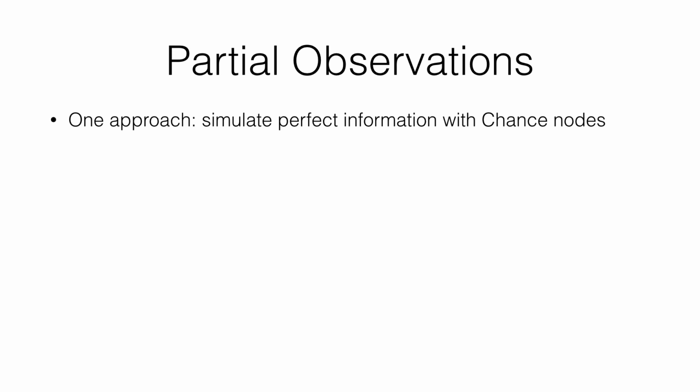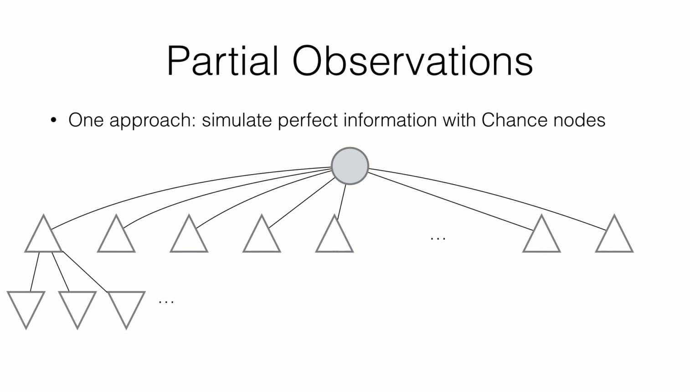Everything is deterministic at that point, because let's say the deck has already been ordered, and our computer program can write down that order and read off that order deterministically. So what you would do is have a single chance node at the beginning that shuffles the cards into a random order, and then you have regular old minimax afterwards.